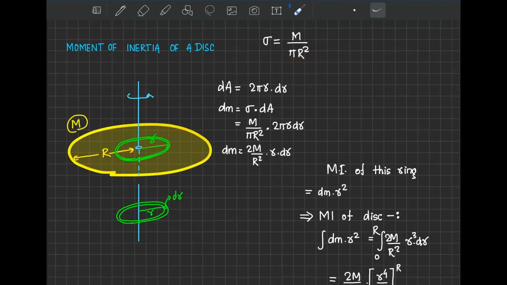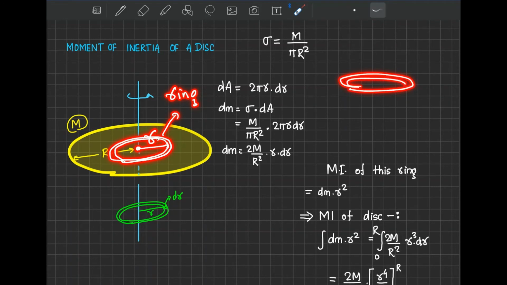This much we got. Here, from the center at a distance r, we are choosing a small element. Now this element will behave as a ring, right? So we are getting a very thin ring like this, and the axis is like this. In this case, we just found out the moment of inertia formula is mr square.